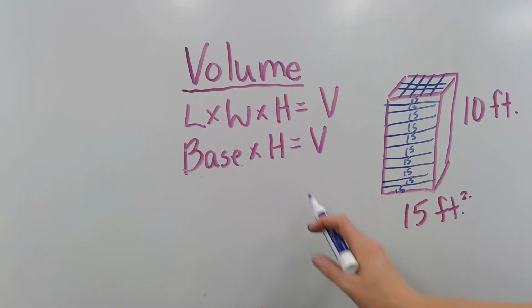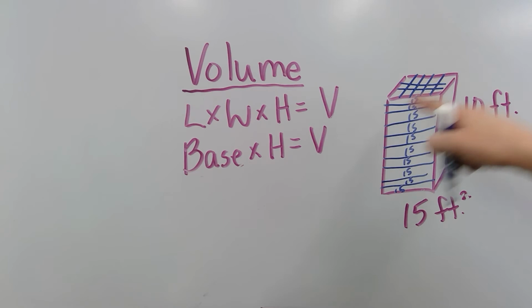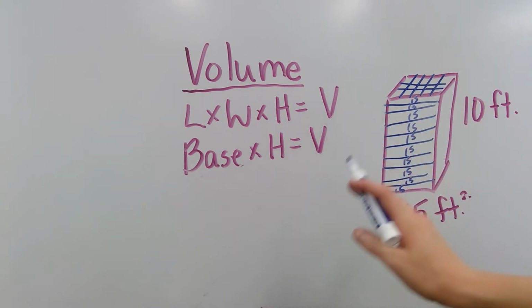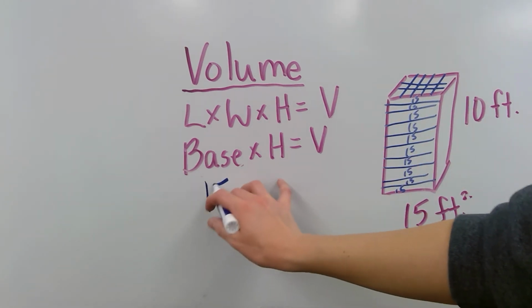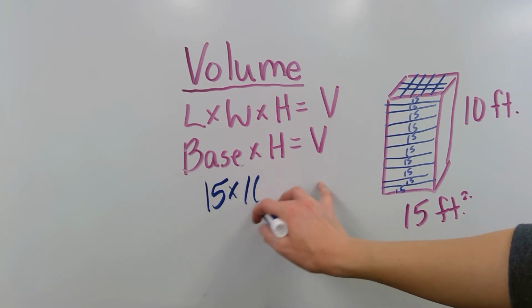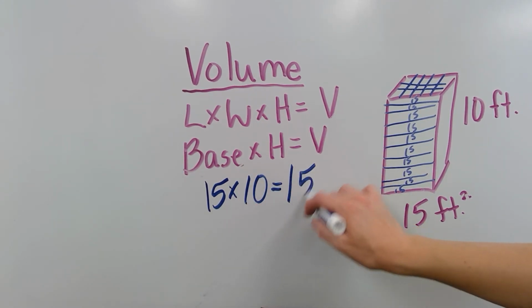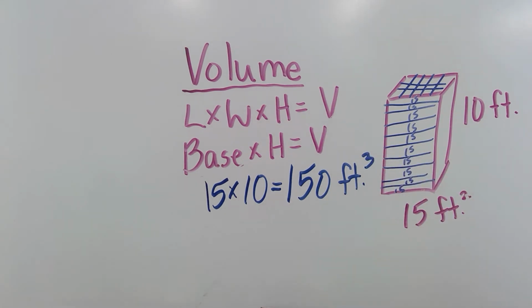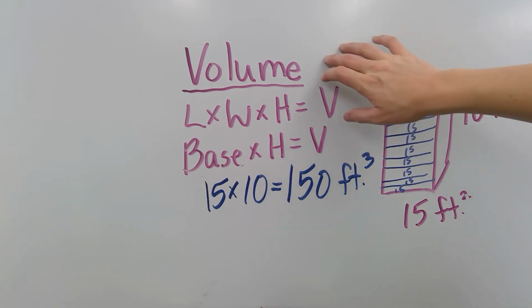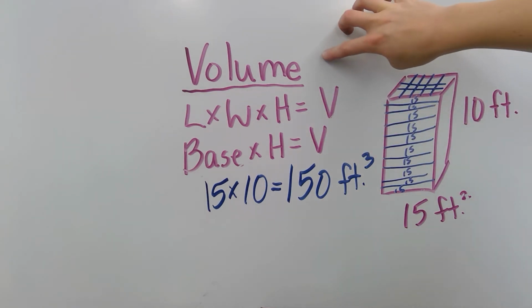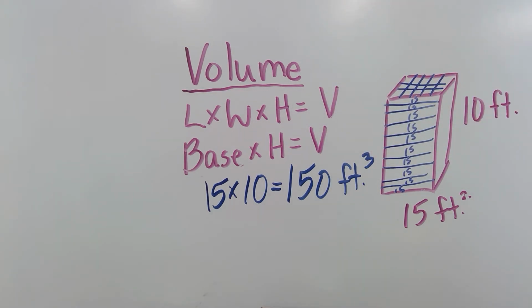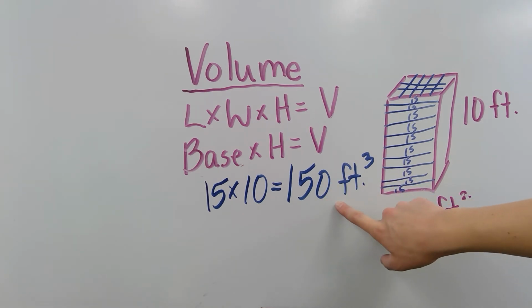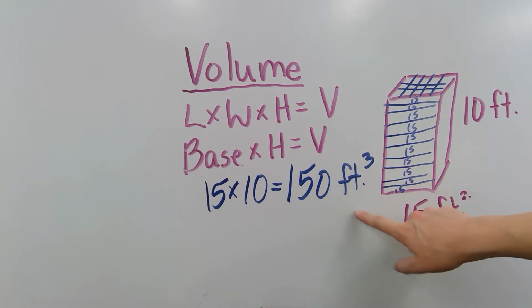So that tells me that to find the total amount, to find the volume, everything it will hold, I do the base, which is 15, times the height, which is 10, and my volume is 150 feet cubed. So volume is asking how much will it hold, like how many cubes will it hold. So this one would hold 150 cubic feet, or feet cubed.